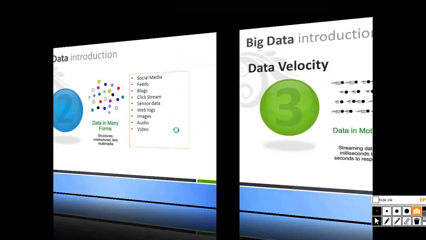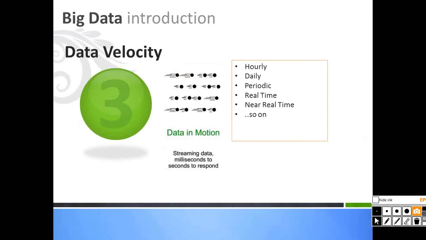Alright, and the velocity. Having volume can be accommodated, having multiple sources can be accommodated. But now we're talking about velocity. We are trying to approach near real time or real time. That means that as the incident occurs, you are able to process the data.